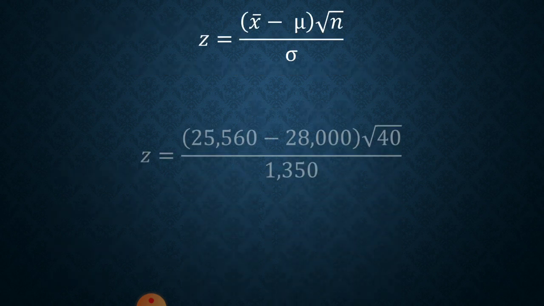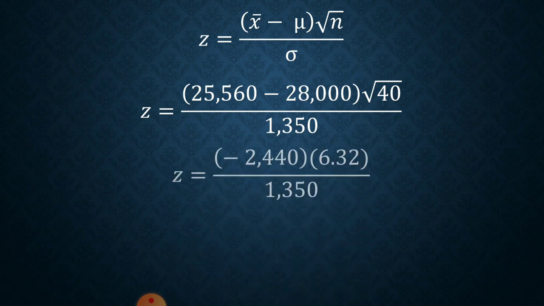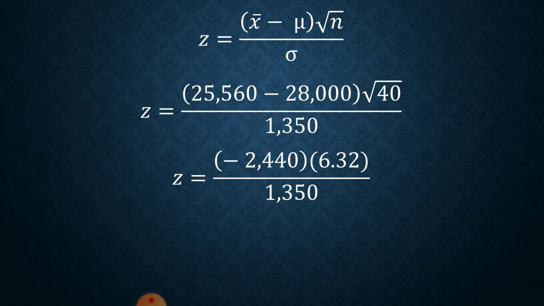So that is now z is equal to the quantity 25,560 minus 28,000 times the square root of 40 divided by 1,350. Then, simplify further. 25,560 minus 28,000 is equal to negative 2,440.